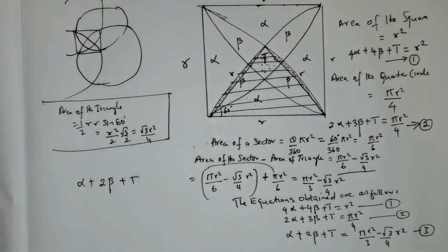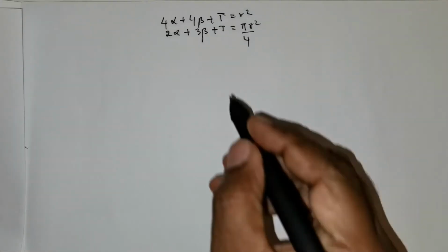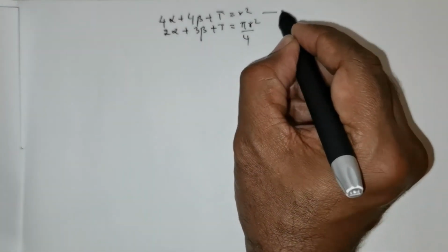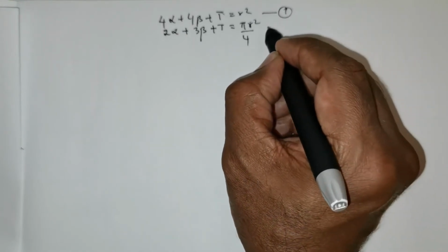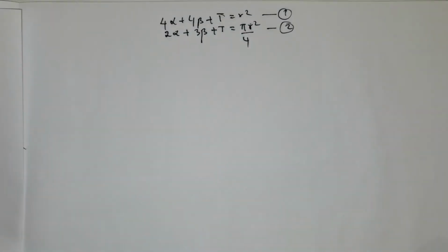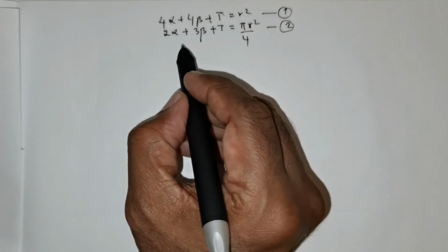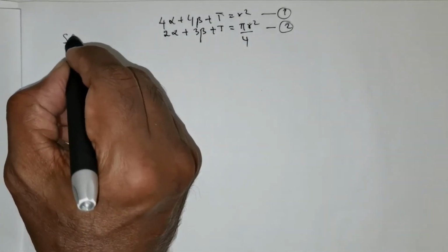So we would be using these three equations to obtain the value for alpha, beta, and t. Now we would be using equations 1 and 2 and solving them for t.